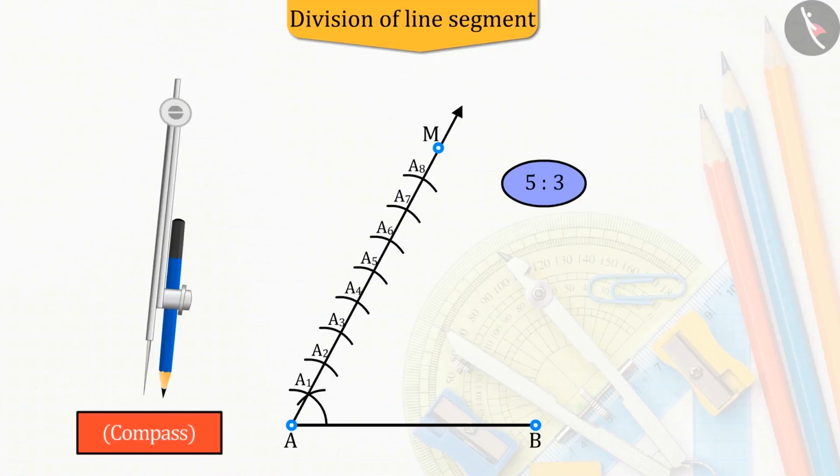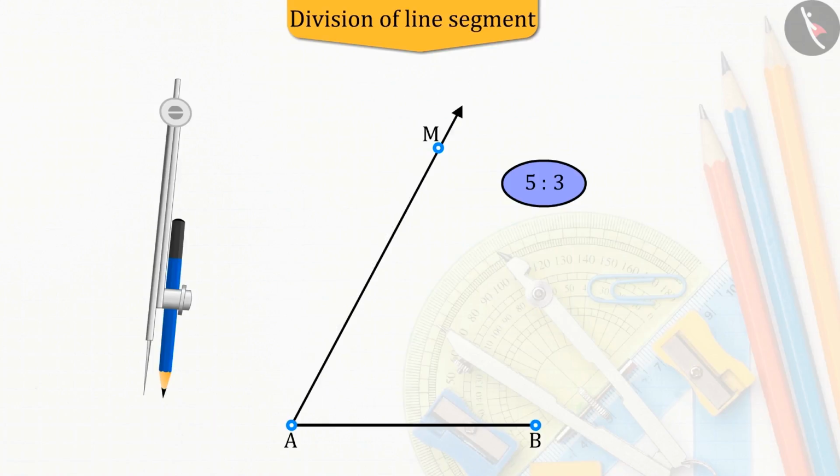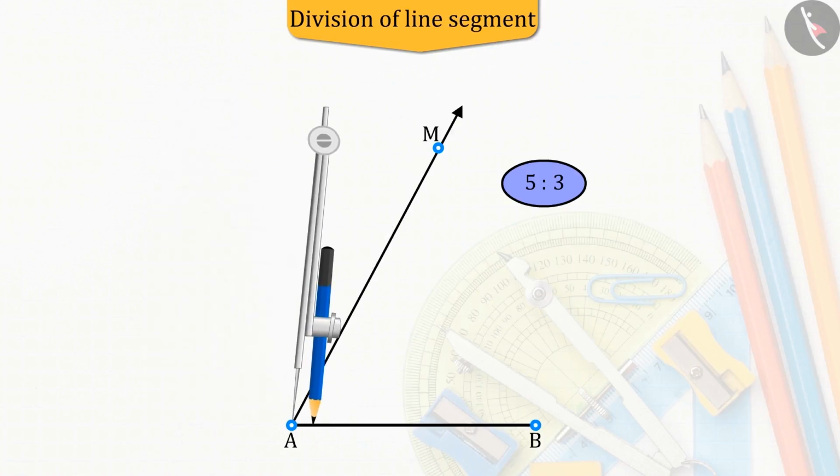For this, we can make use of a compass. Let's see how we can do it. In the compass, take an approximate radius of 1 centimeter.